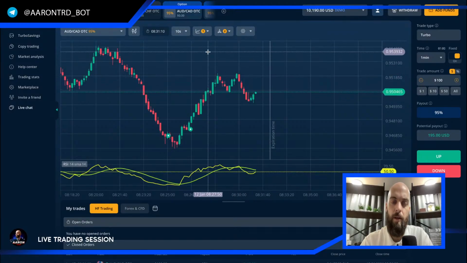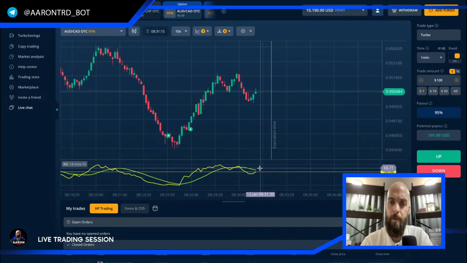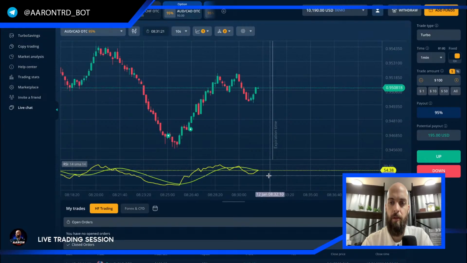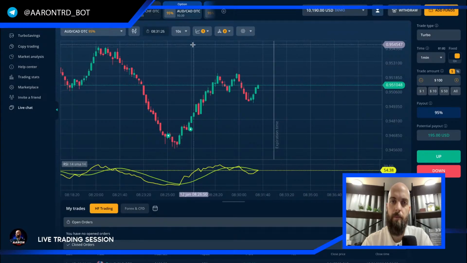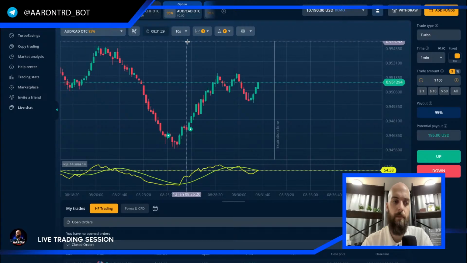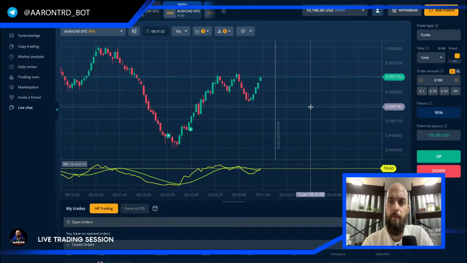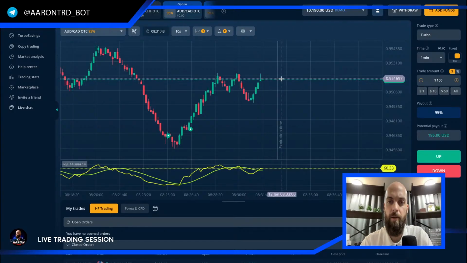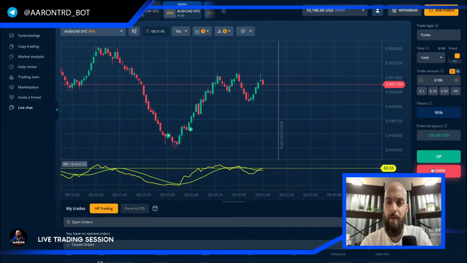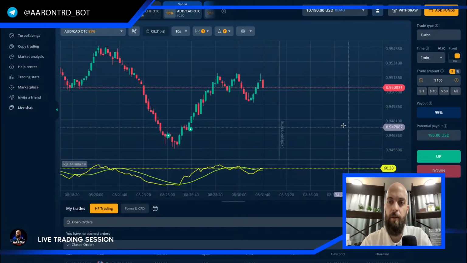Kind of hovering in the upper half of the RSI. So we're coming back up to our double top zone. I think, let's see. Okay, we got another nice wick. Momentum's coming down. Another down trade would be nice.